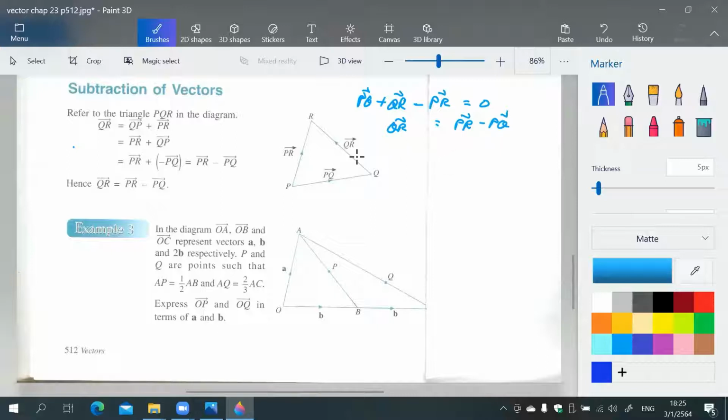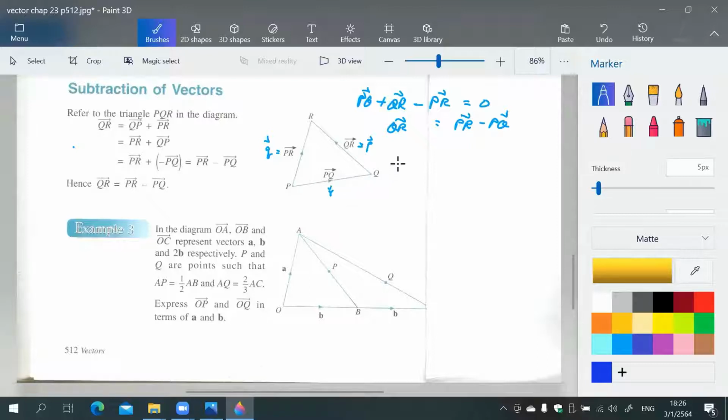Okay, so similarly, if you give PQ equal to vector r, and QR equal to vector p, and then vector PR equal to q, then you just replace, right? So do the same way from here.